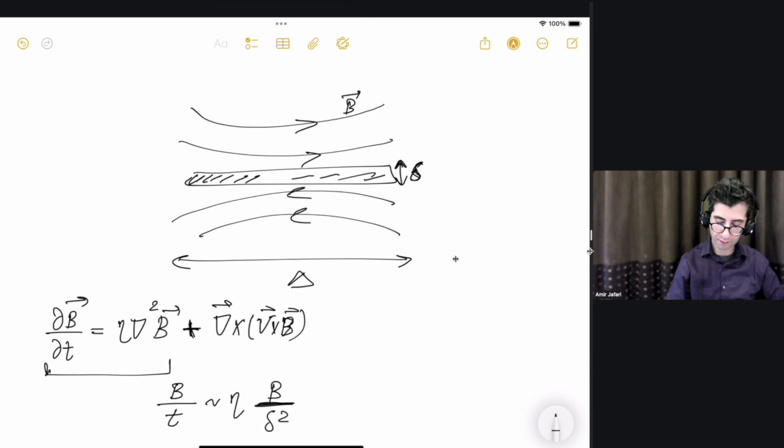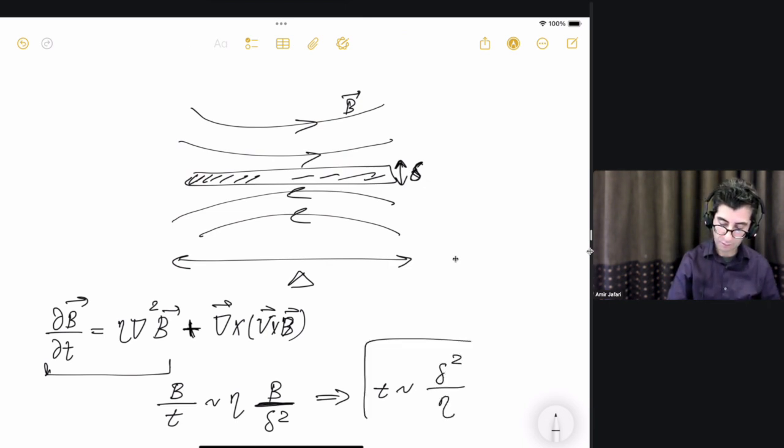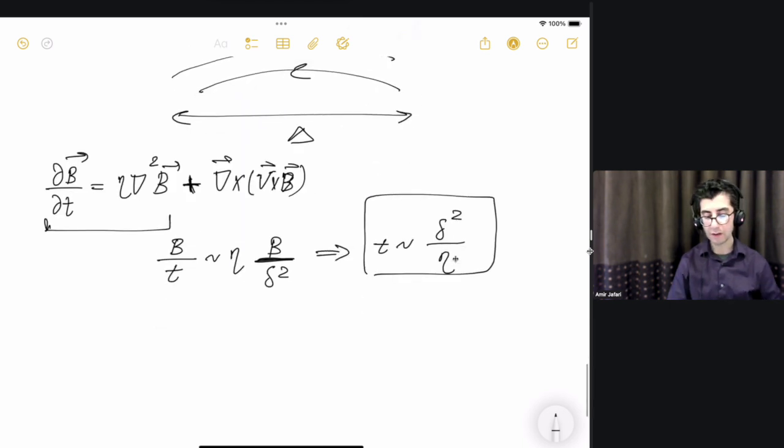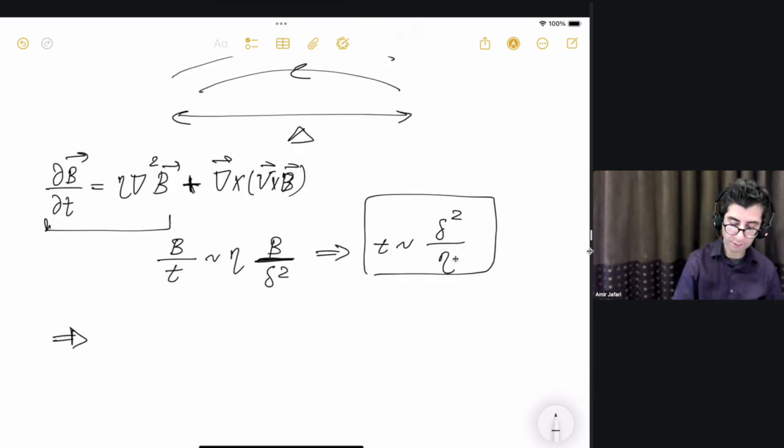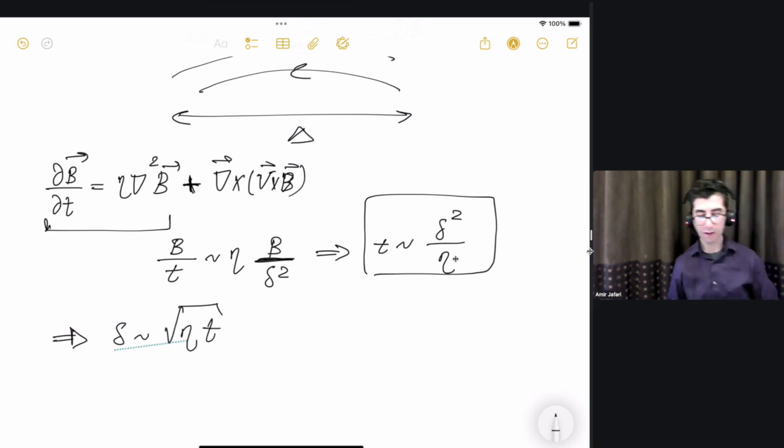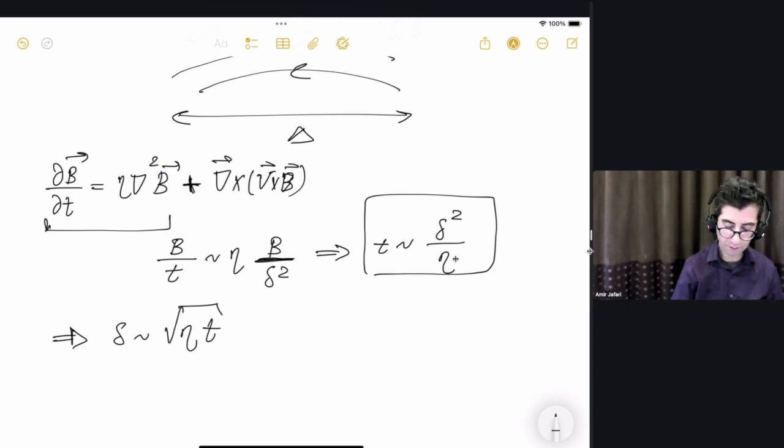So from here, you get a time scale, the resistive time scale, the time scale for the diffusion of magnetic field, which is, at an order of magnitude estimate, delta is the square root of eta t. Okay. So you can call this T_eta, or whatever. I guess in my notes I called it just T. So this is the resistive time scale.